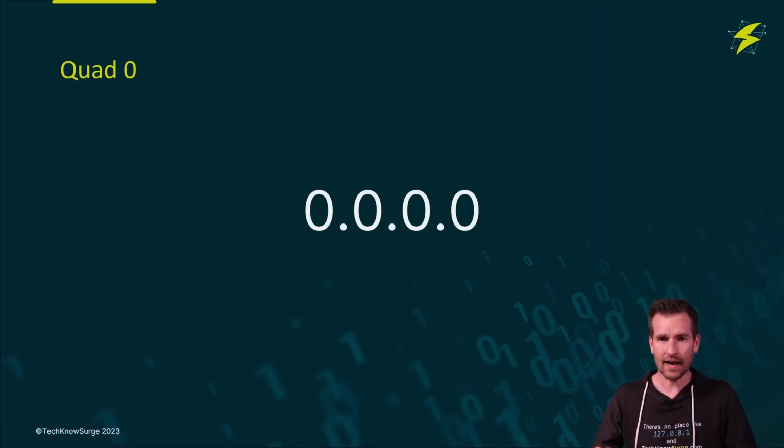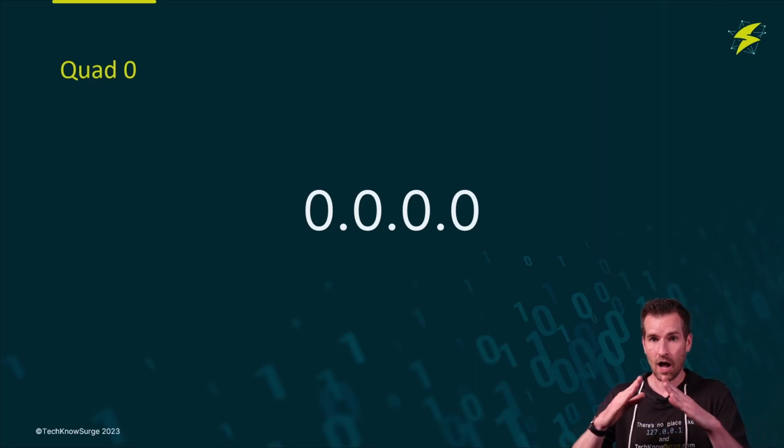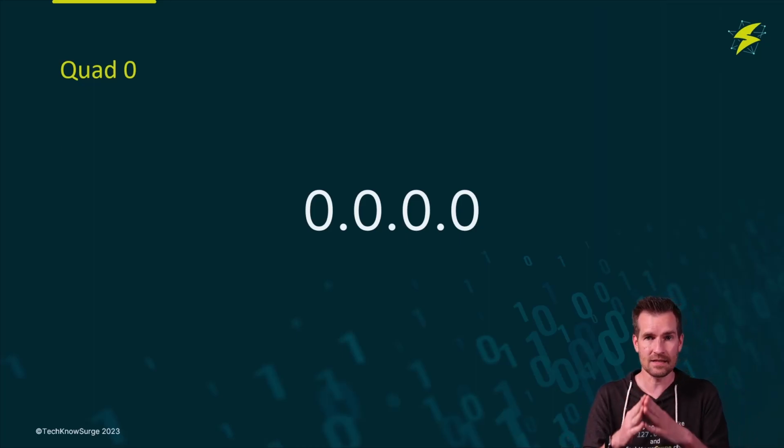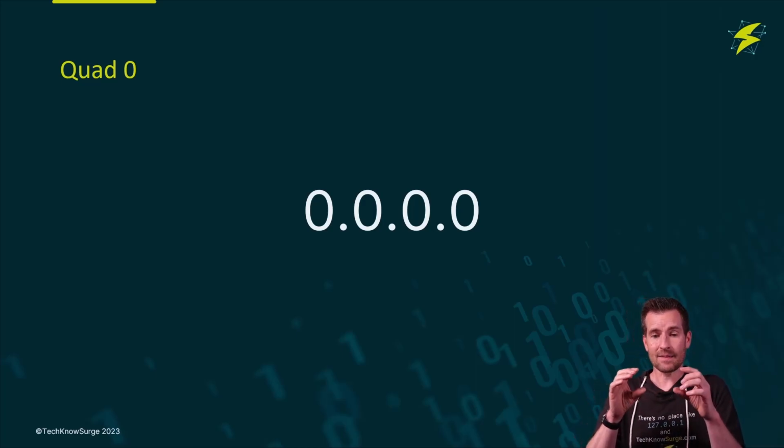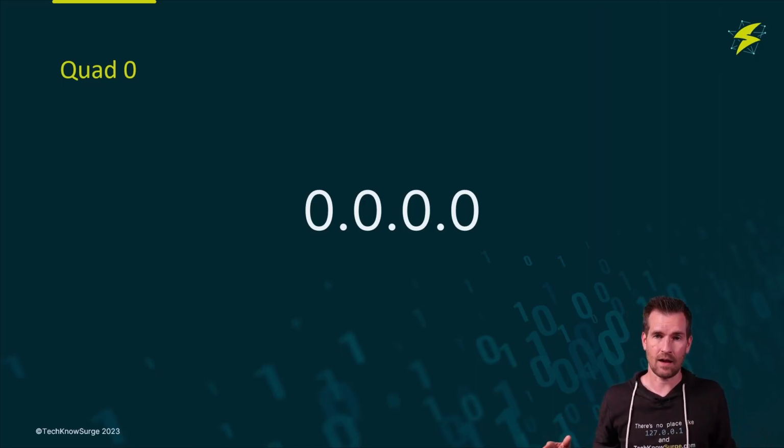That's part of the hierarchy, where it all trickles up to this quad zero, or 0.0.0.0. That specifies everything within this hierarchy and all other addresses underneath it.